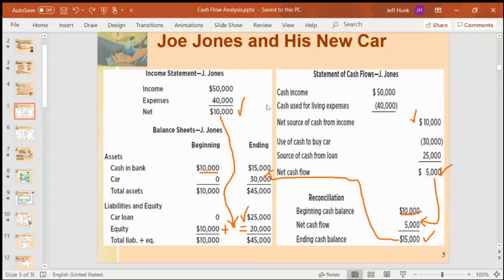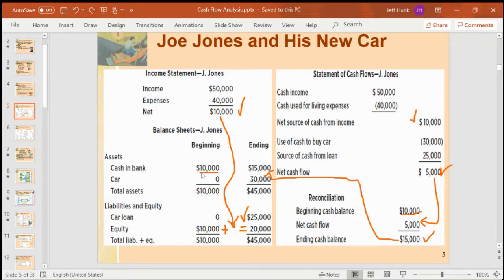Equity generated from operating activity, right? Remember that? There are two types of equity: paid-in capital, and equity generated from operating activities like this, which is net profit. So this will affect, obviously, the equity position at the end of the year. Let's take a look at his balance sheet.